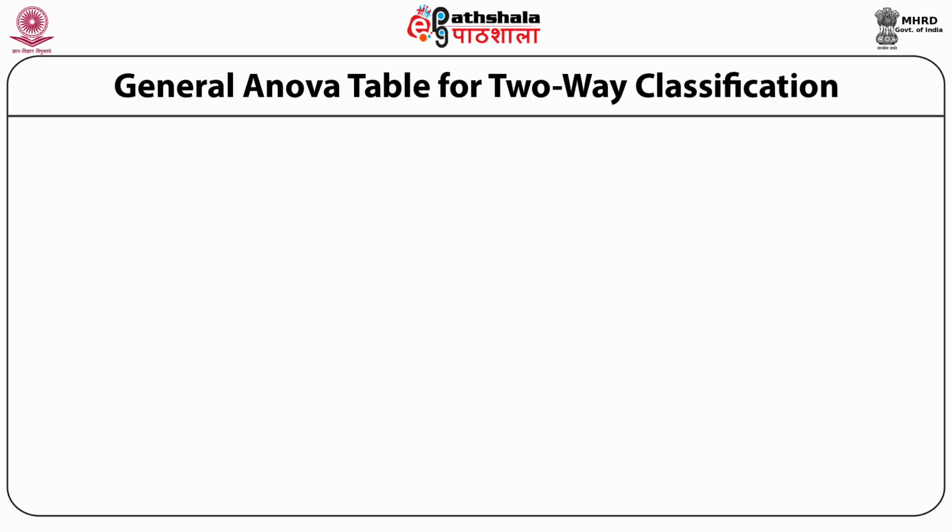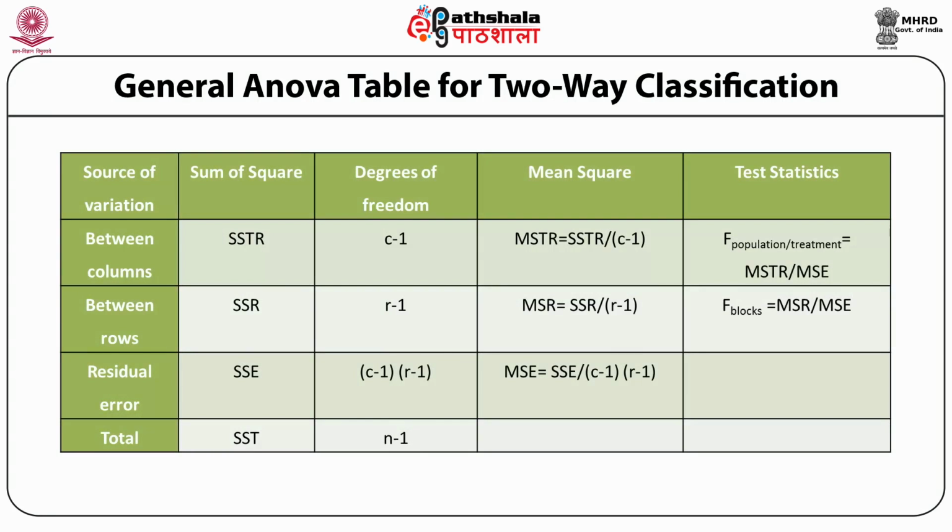Now, let us look at the general ANOVA table of a two-way classification. Here you can see the sources of variation, the sum of squares, degrees of freedom, the mean square and the test statistics.